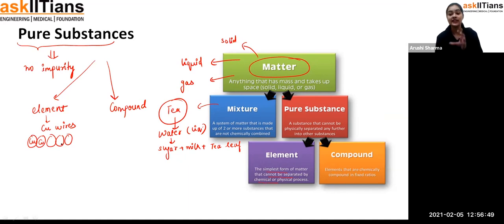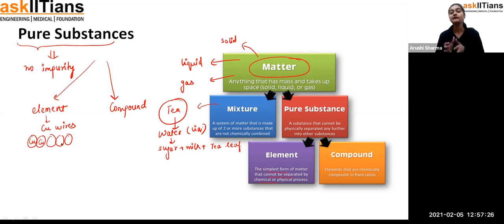So when any material or substance has only one type of element, we call it an element. Like copper wire and iron boxes: iron boxes have only iron, and copper wire has only copper. These are the elements that we have in our periodic table, so we call them elements.